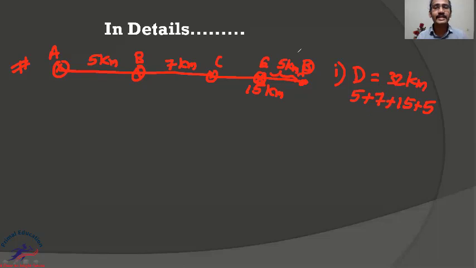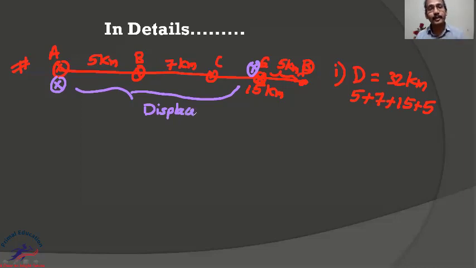But what is displacement? Starting point to ending point. This is the starting point and E is the ending point. This distance between them we call displacement. Always remember, starting point to ending point is the displacement. Now, what is the displacement length? A to B, 5 kilometers, plus B to C, 7 kilometers, plus C to E, we have to calculate.